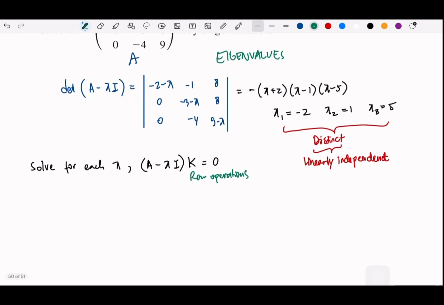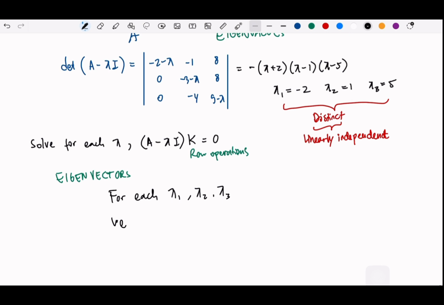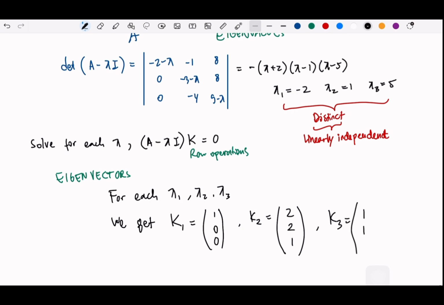And then the second part will be getting the eigenvectors. Now from here, for each one of them, lambda 1, lambda 2, lambda 3, we get k1 equal to 1, 0, 0. K2 will be 2, 2, 1. K3 will be 1, 1, 1.